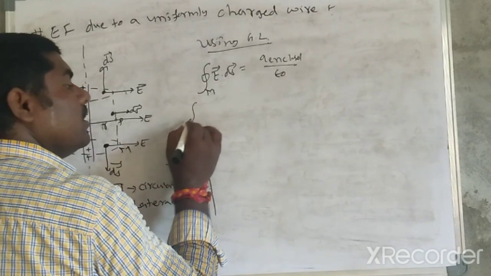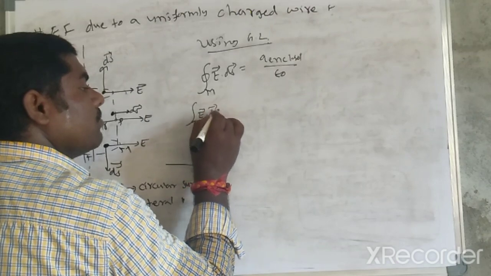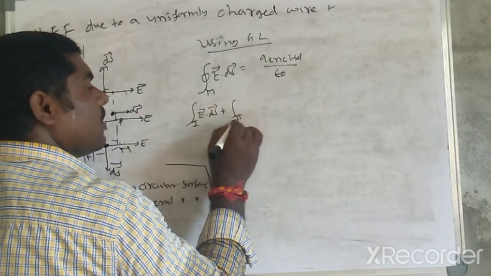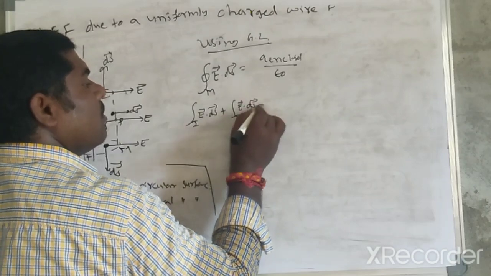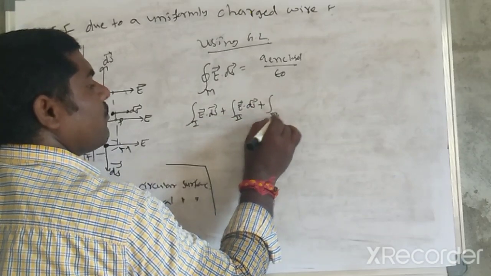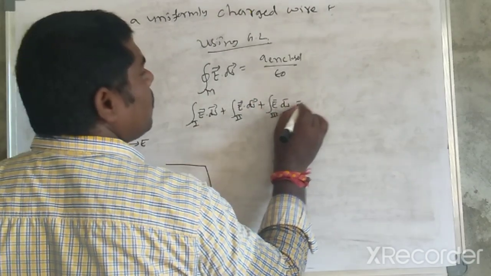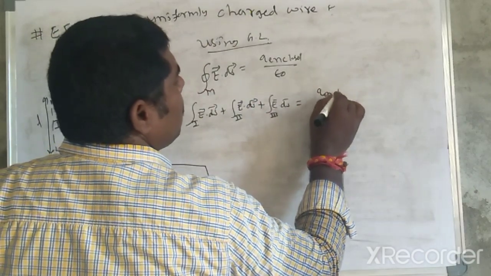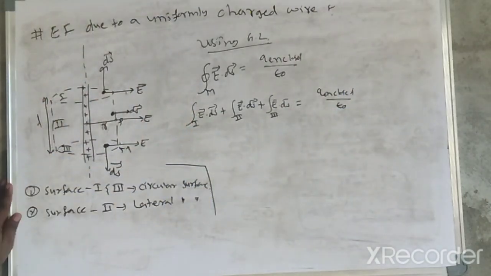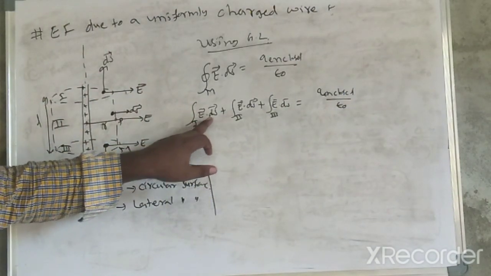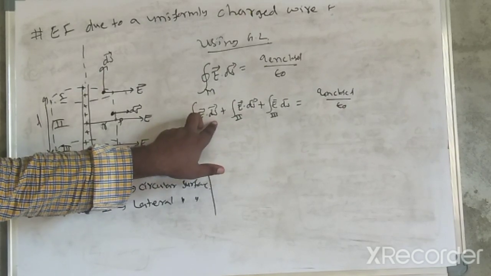Sum of the integral of the first surface of electric field dot dS bar, plus the second surface of electric field dot dS bar, plus the third surface of electric field dot dS bar, is equal to q enclosed by epsilon naught.